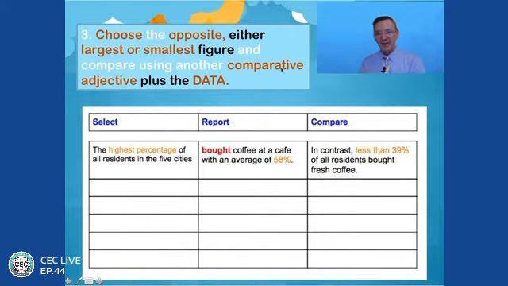Here we have a sentence: In contrast, less than 39% of all residents bought fresh coffee.